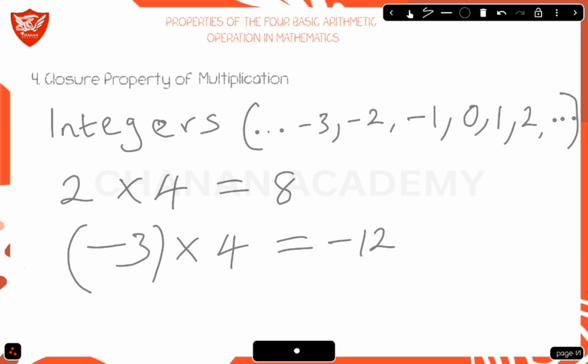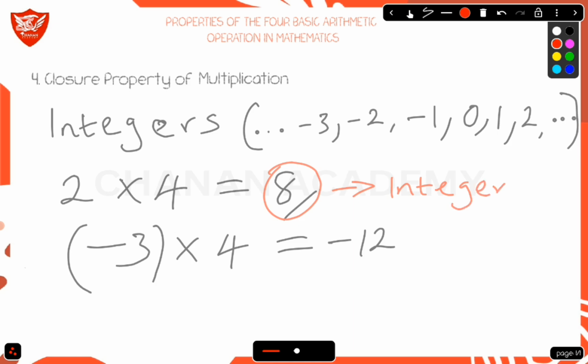And you can see that 8 is an integer, and minus 12 is also an integer. So we can say that multiplication is closed under integers.